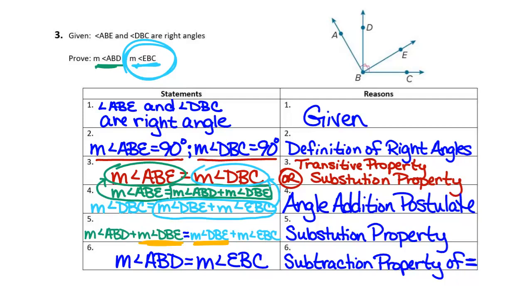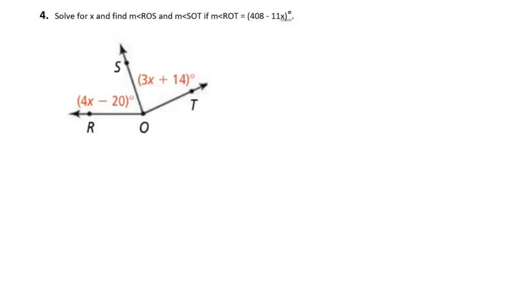I want to practice some more with the angle addition postulate. We're going to see it in action, how we would use it to solve problems. So let's go look at number 4. How many angles do you guys see in that picture?